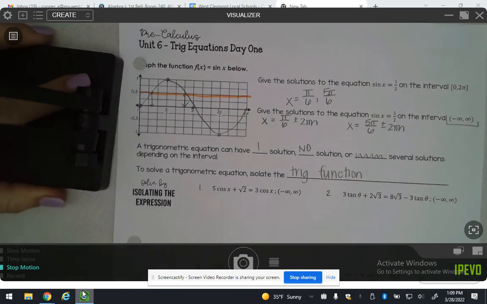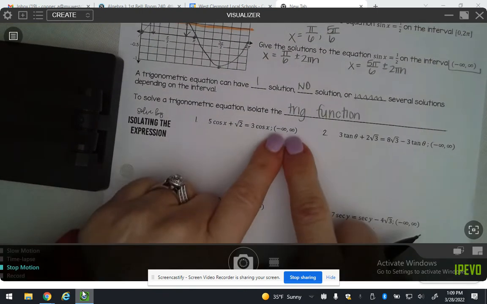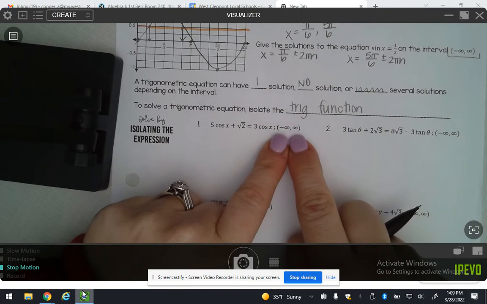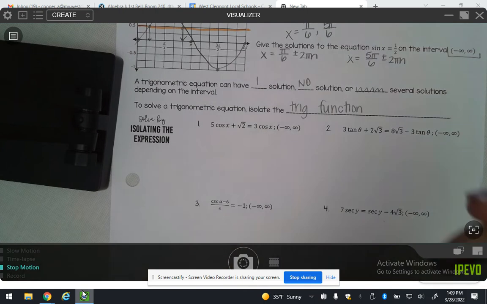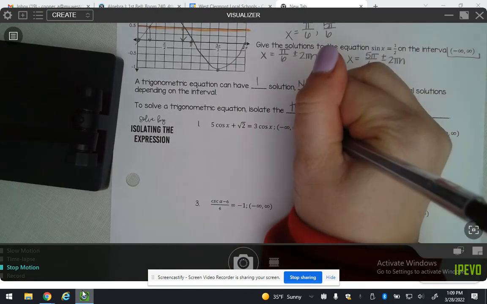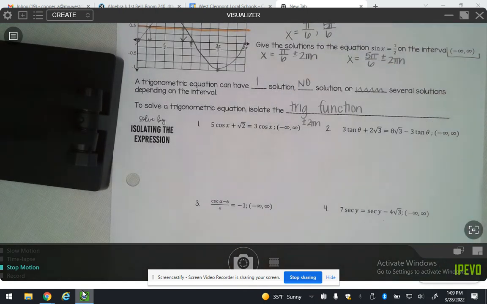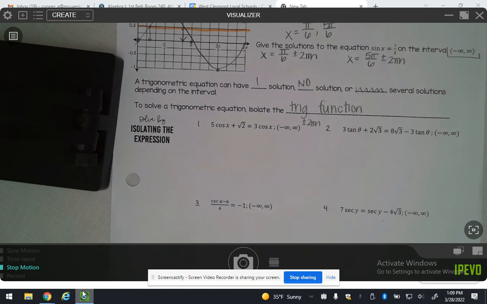Okay, so first example, open or closed interval? Negative to positive means it's open. So that means I have to add the plus 2 pi n on all of my answers. I would suggest you write that so we don't forget. Is everybody cool with me there?